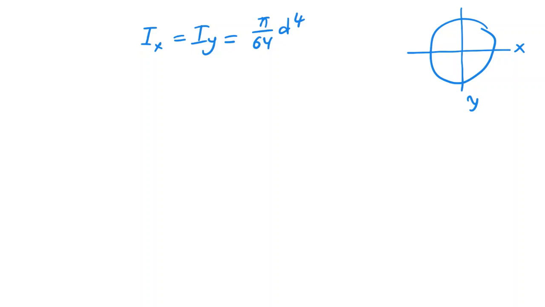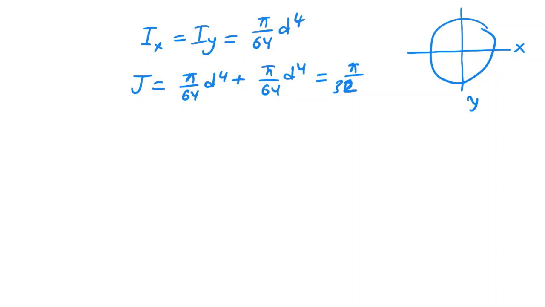So if you want to find J for a solid cross section like this, you will have pi over 64 d to the power 4 plus pi over 64 d to the power 4, and you will end up with pi over 32.